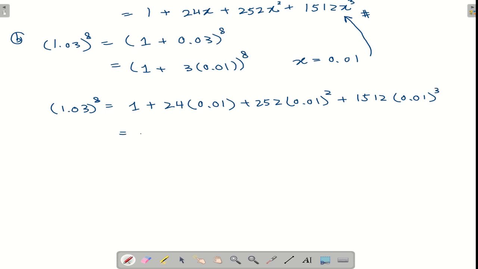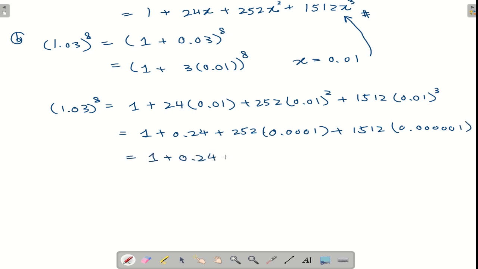And we have 1 plus 0.24, plus 252 multiplied by 0.0001, which has 4 decimal digits, so it's 0.0252, plus 1512 times 0.000001, which has 6 digits, so it's 0.001512. Adding up together, we get approximately 1.266712.